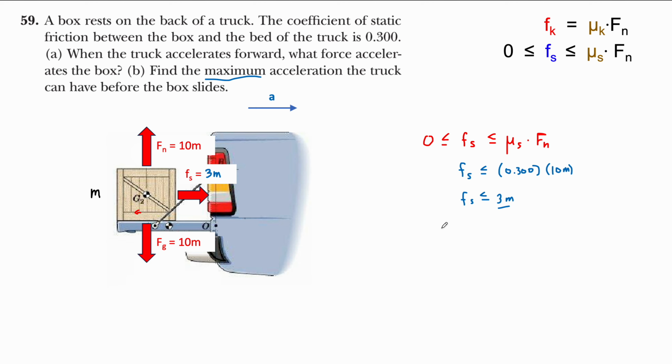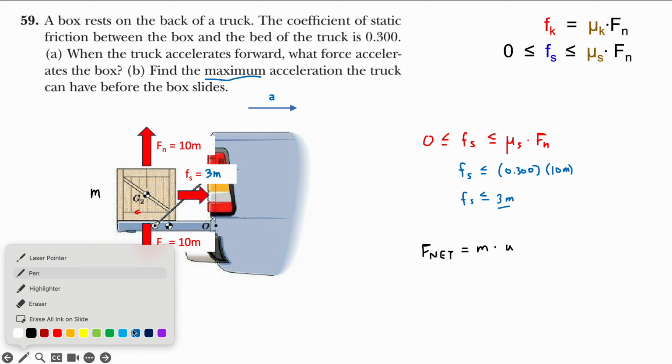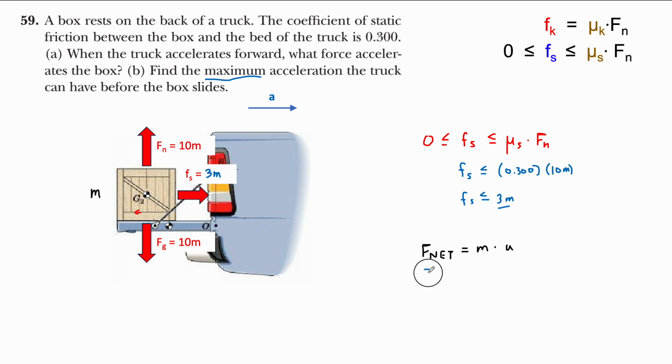Well, we can solve that real quick. F net equals ma. What is the net force on our crate? It's just that 3m value, and we can solve the acceleration. F net is 3m, mass is m, all times a, the acceleration.